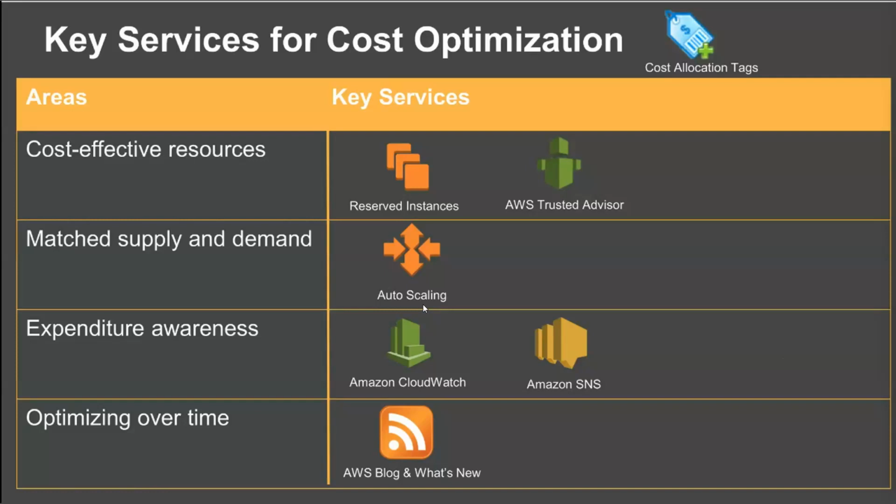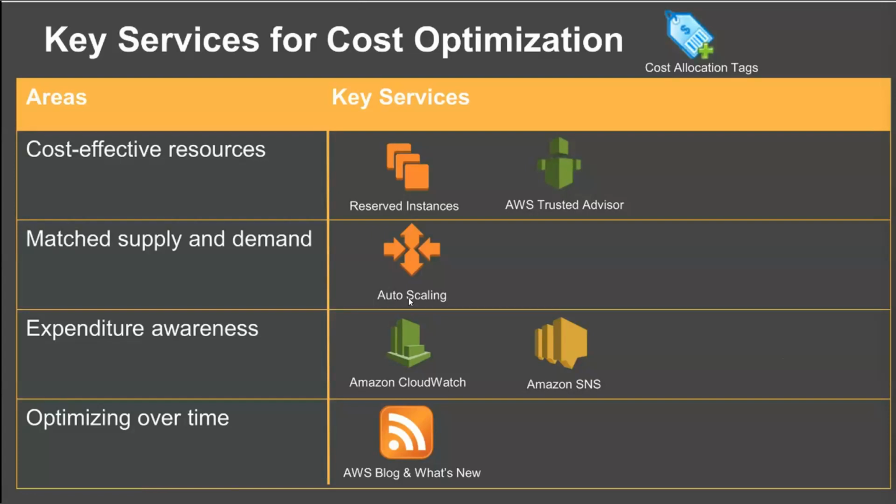Let's say, for instance, you have an application that is going to run continuously for 1 year. Once you've known this information, you can opt to go with a reserved instance. So you're going to commit for the full year. Maybe there's all upfront or no upfront.